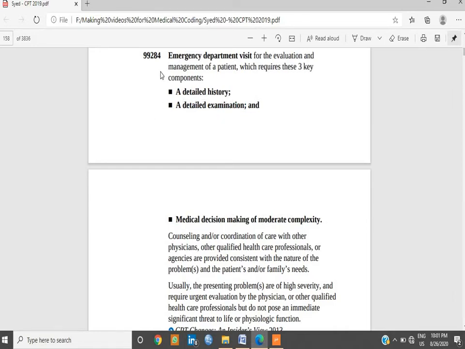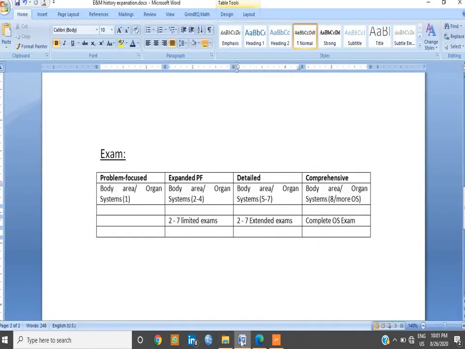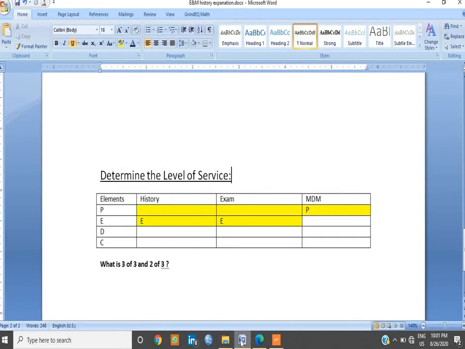For this, I'll explain what we have to do, because it is not matching for the question. So at this particular time, how to determine the level of service here.